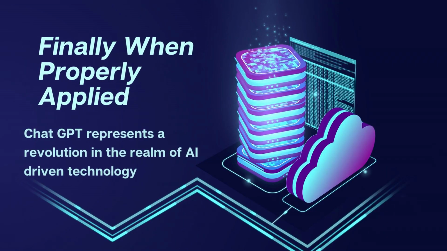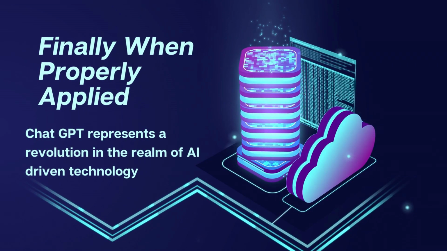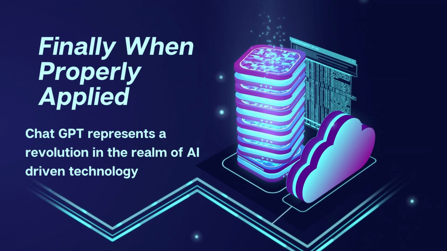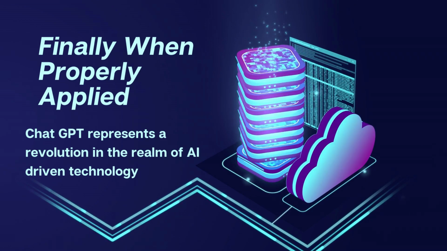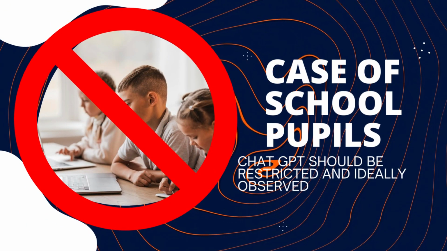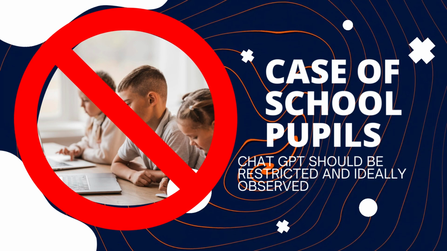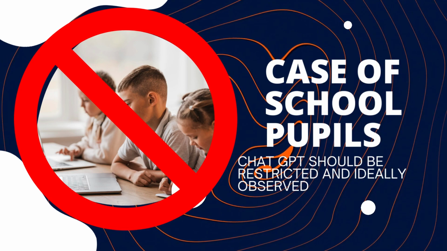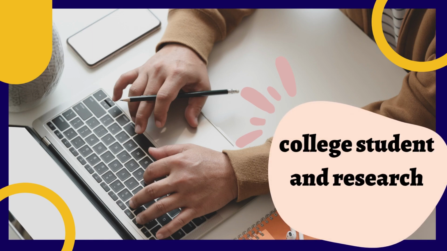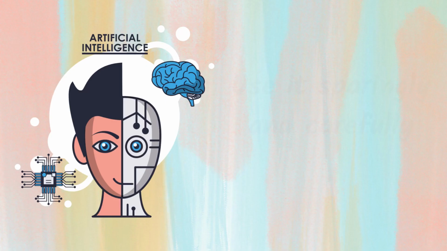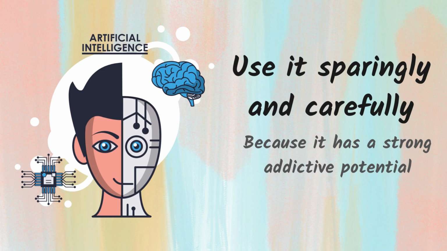And finally, when properly applied, ChatGPT represents a revolution in the realm of AI-driven technology and offers a wealth of benefits to students. However, in the case of school students, the use of ChatGPT should be restricted and ideally observed. It is advised that college students and research scholars use it sparingly and carefully because it has a strong addictive potential.